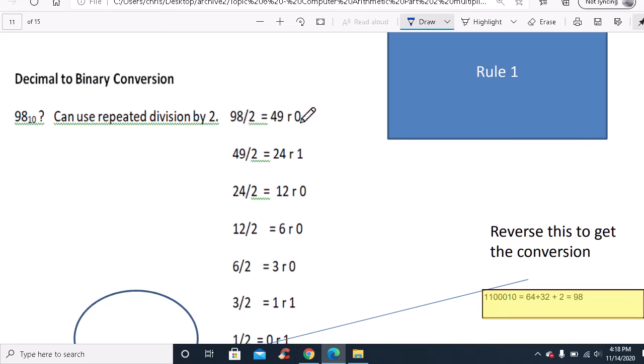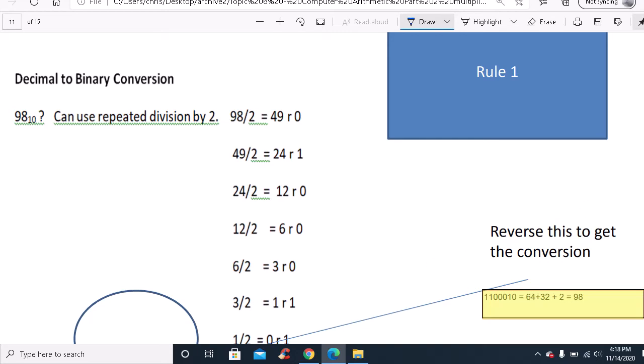Divide it by 2, you get a remainder 0. You've got 49, divide that by 2, you get 24 remainder 1. 24 divided by 2 is 12 remainder 0. 12 divided by 2 is 6 remainder 0. 6 divided by 2 is 3 with no remainder. 3 divided by 2 is 1 remainder 1.